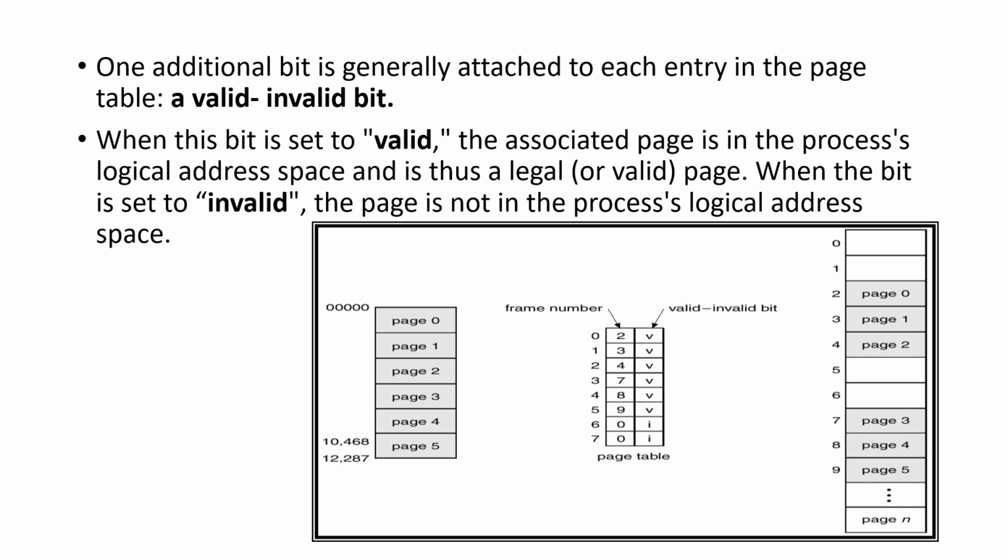If the required page is not there, it is indicated by I, that is invalid bit. Pages 6 and 7 are considered invalid because there is no page 6 or 7. Pages 0 to 5 are there and are considered valid. Based on this page table, the pages are stored in the frames as given in the physical memory.